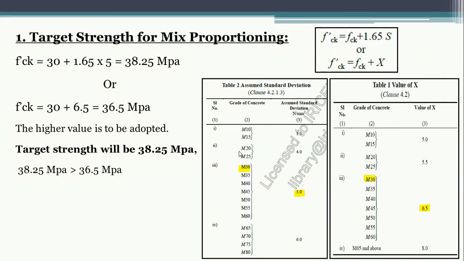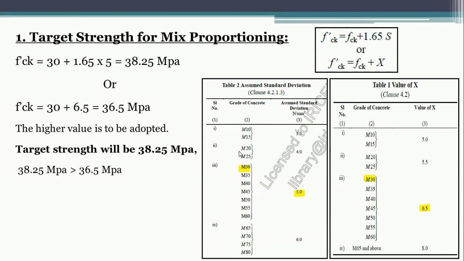Similarly, f dash ck is equal to fck plus x, where x is the constant for the grade of concrete. The x value for M30 grade is 6.5. So 30 plus 6.5 gives 36.5. The higher of these two values should be adopted for further calculation. So target strength is equal to 38.25 Newton per mm square because it is higher than 36.5.